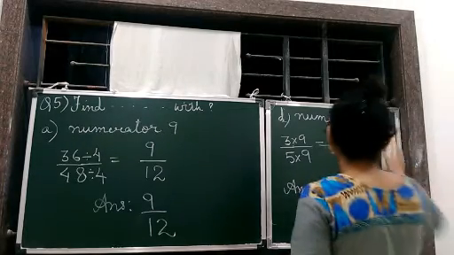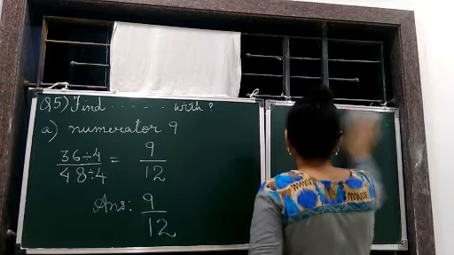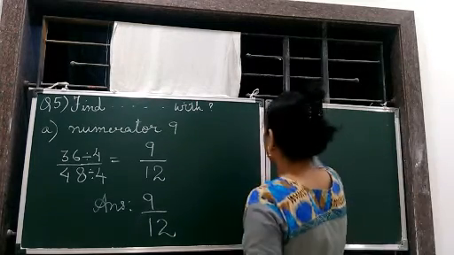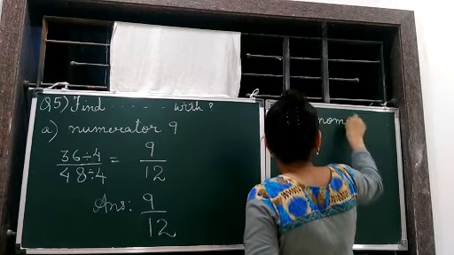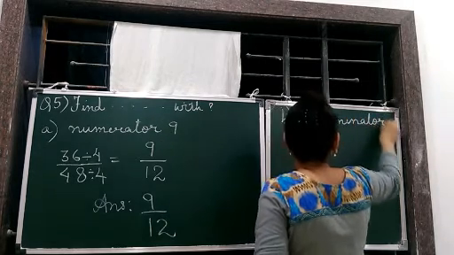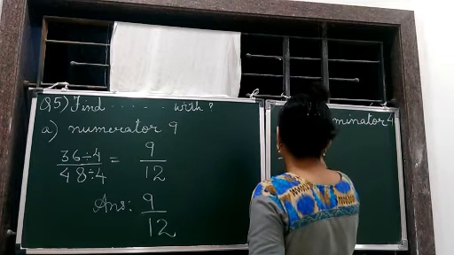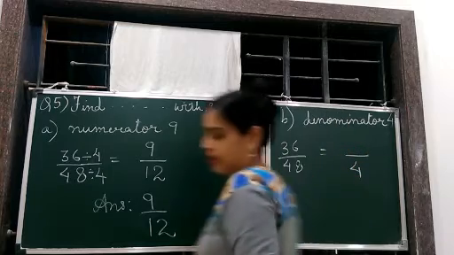Is denominator 4. We need to get the denominator as 4. So 36 upon 48, where the denominator should come out to be 4.